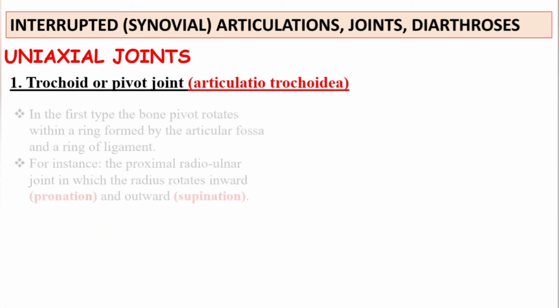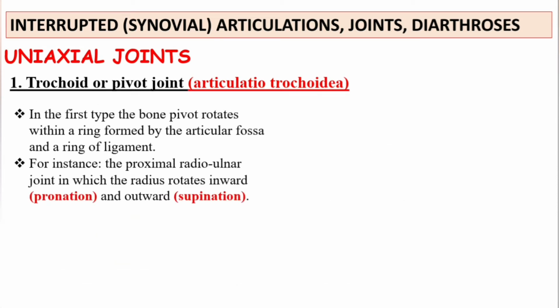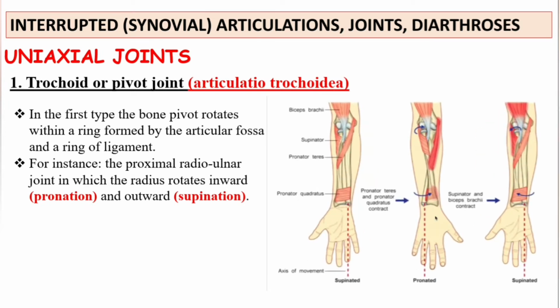In the first type, the bone pivot rotates within a ring formed by the articular fossa and a ring of ligament. For example, the proximal radioulnar joint, in which the radius rotates inwards, thus pronation, and outwards, thus supination. You can see here supination, where you see the palmar surface.